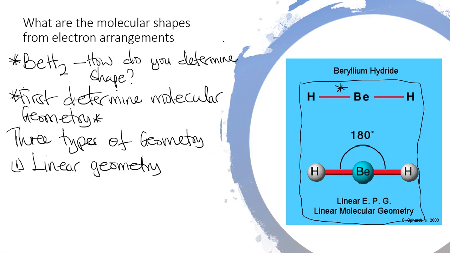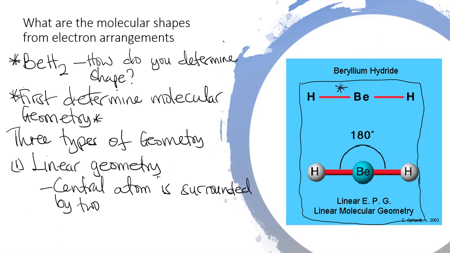So linear geometry occurs when you have a central atom surrounded by two groups of electrons. So in a linear geometry, the central atom is surrounded by two groups of electrons, which means one group of electrons is here, the next group of electrons is here.